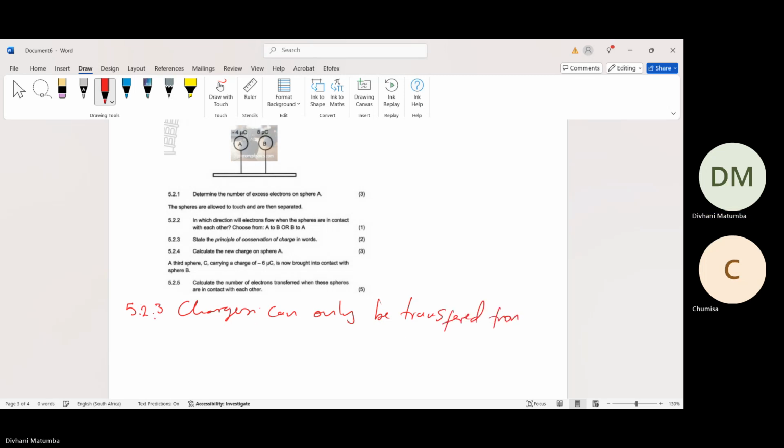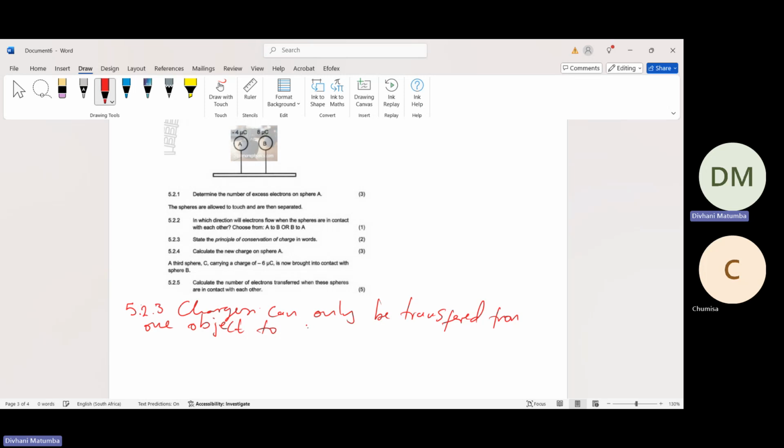Do you raise your hand in class? Yes, sir. Have they ever asked you about the conservation of charge? Yes, sir. Okay, and you got it right. Because there's actually two definitions.